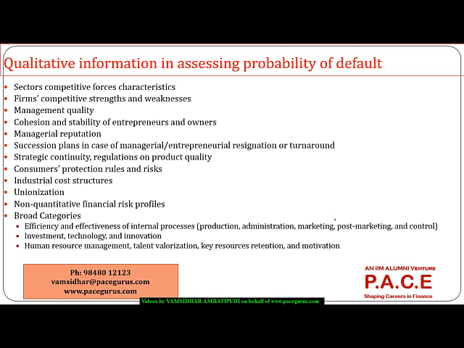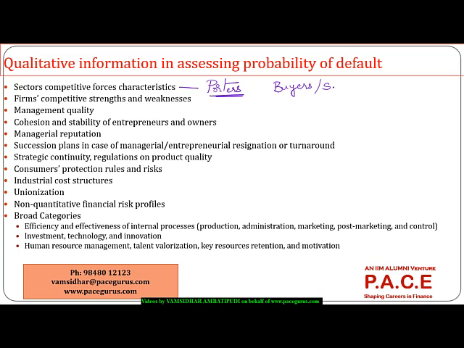So some of the things that are quick to look at: the sectors, competitive forces. We talk about the 5 forces, the Porter's model. So for that particular sector, what are the 5 competitive forces? How is the buyers' behavior?